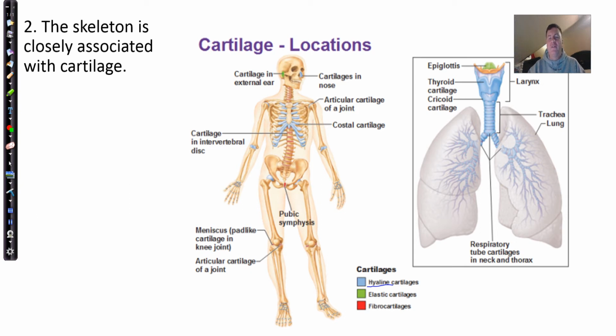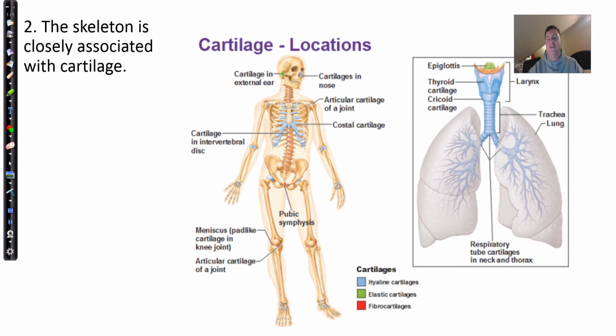We see hyaline cartilage, for example, associated with the nose. We see it here showing you at the joints. We see it in the lungs. We see, again, down here in the joints, a little hard to see down here. But hyaline cartilage has a number of important roles, but mainly it serves to give us a little bit of flexibility, or give you a smooth surface by which bones can join other bones.